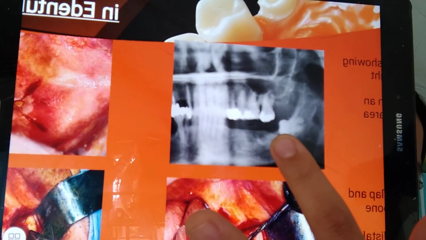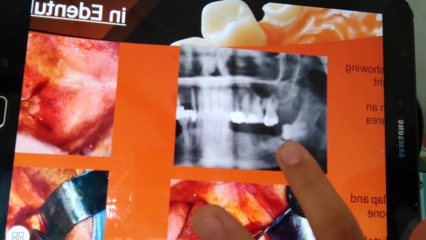But with edentulous patients, it is rather easy because there is no adjacent tooth to the mandibular impacted third molar.